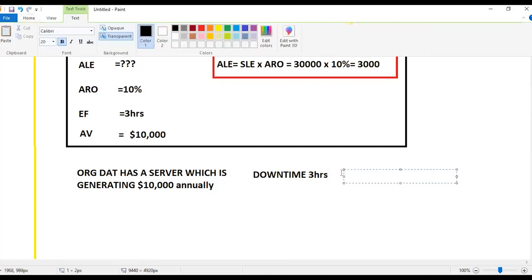And in a year, the rate of occurrence of this loss is 10%.